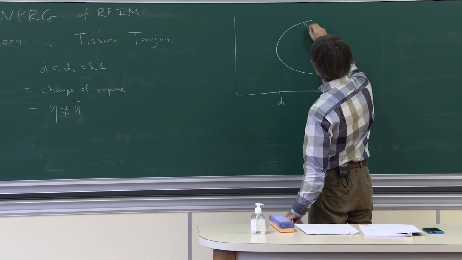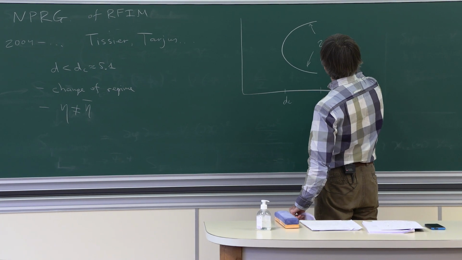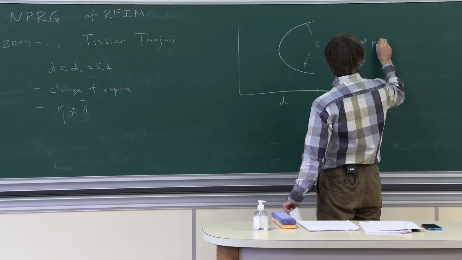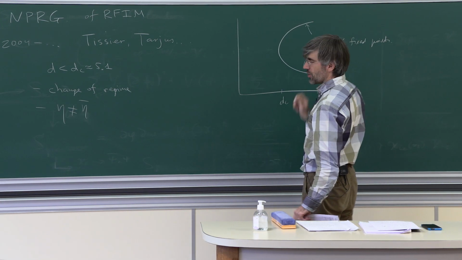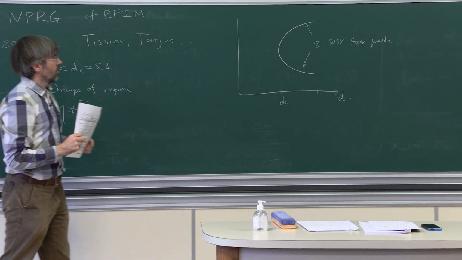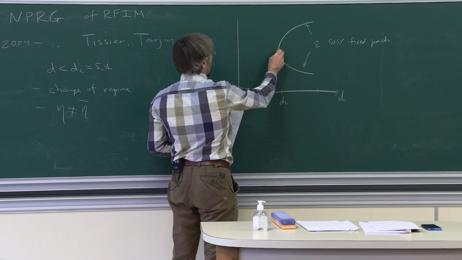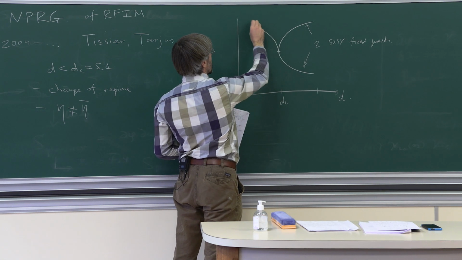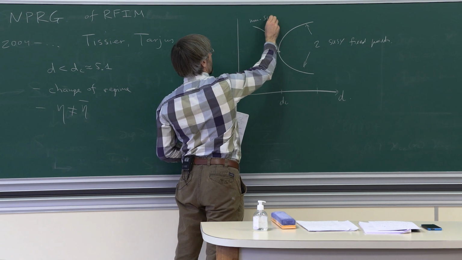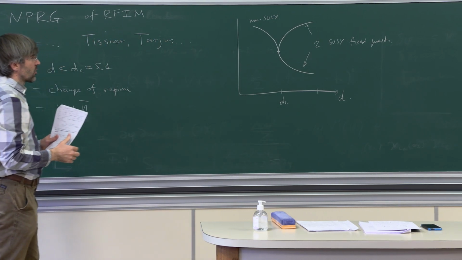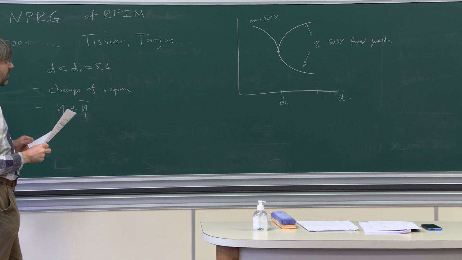So there are two SUSY fixed points, which annihilate at d critical, and somewhere here, out of this point, there emerges another non-SUSY fixed point, which is the one that controls the physics of the non-supersymmetric random field Ising model.